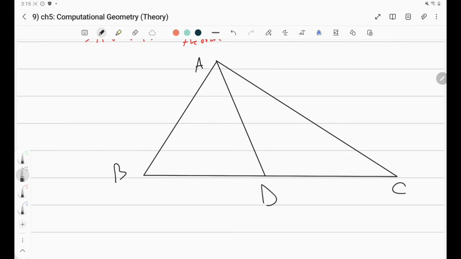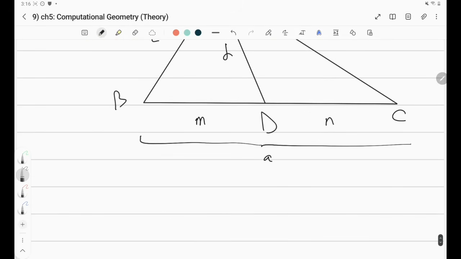So let's write the identity for that. I'm going to name this M and this N, this is C and this is B, and this is D, and of course this thing is A, which is M plus N. So it goes like the following.